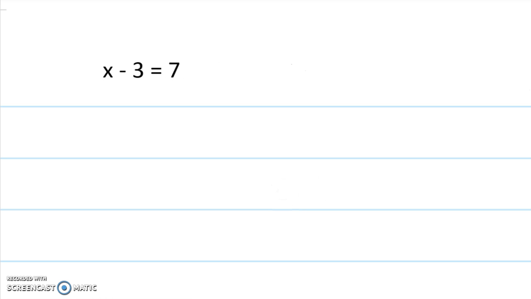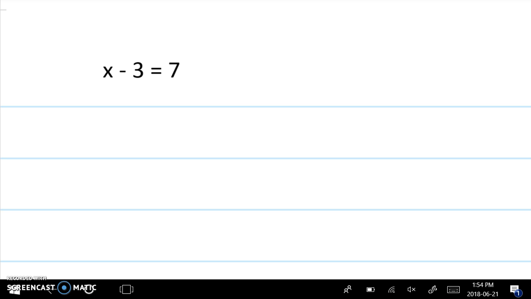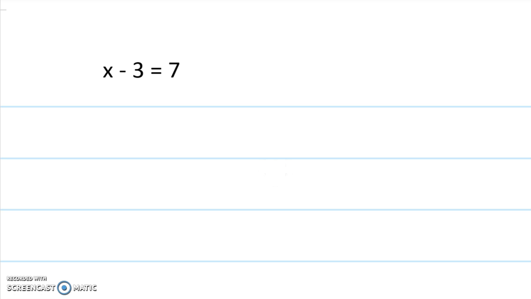Okay, so going over to our first subtraction example, we have x minus 3 equals 7. This works the same way with the teeter-totter, and in fact, all of these questions work like that. And so we are going to try to make our 3 disappear, so our x is by itself. We can do that by doing plus 3. But if we do plus 3 to one side, we have to do it to the other.